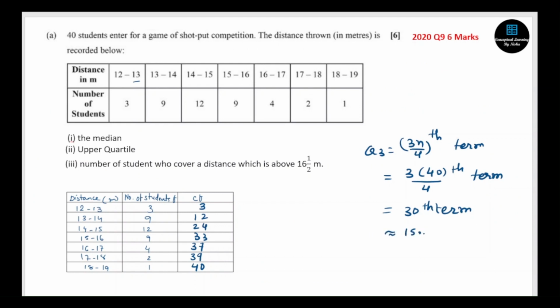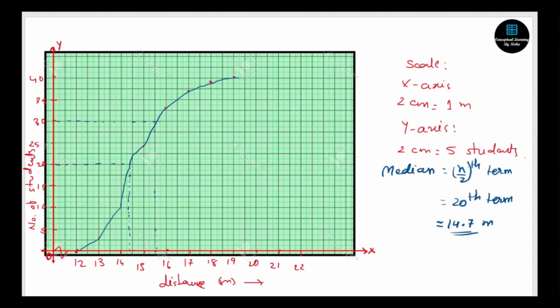So I'll say the upper quartile Q3 value is approximately 15.6 meter. And now the number of students who cover a distance above 16.5 meter. So how many students are there at 16.5 meter? Let's quickly find it from the graph. So 16.5 is here, and you have to find the corresponding value for this, which is 35.